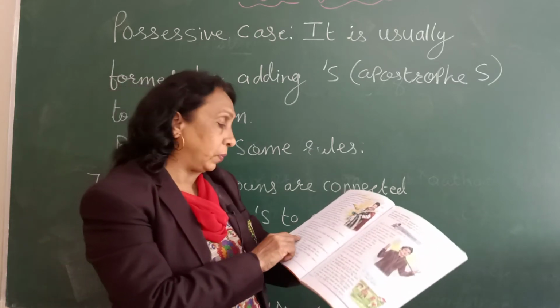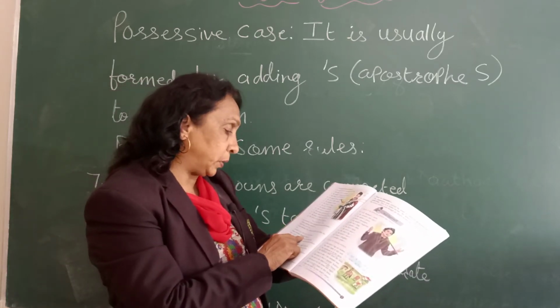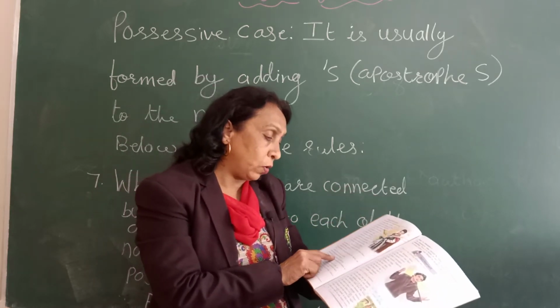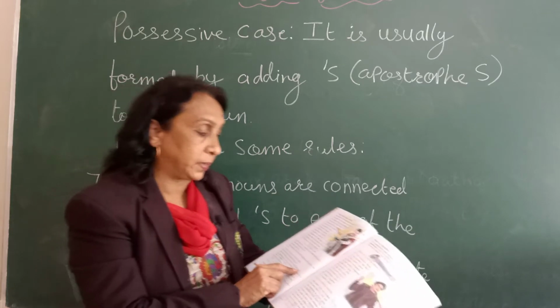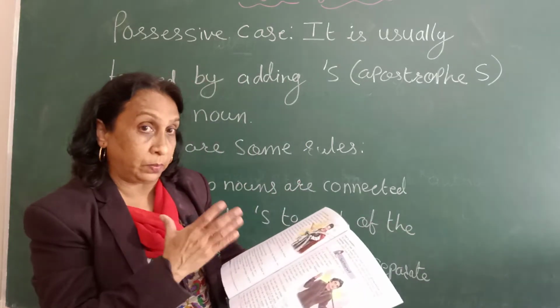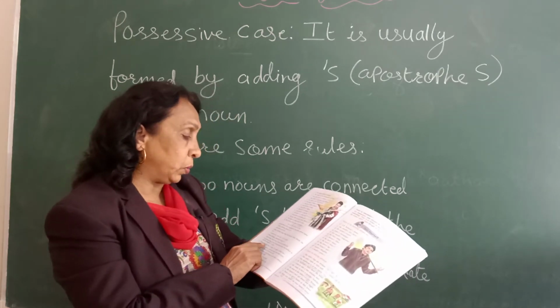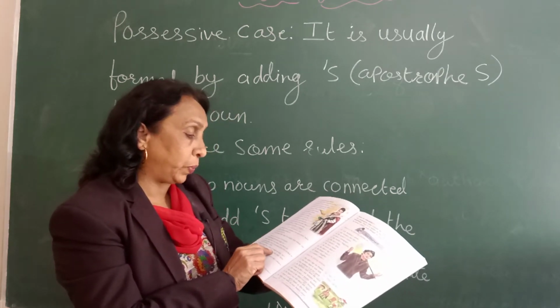Okay, now look at the third one. Nouns denoting personified things such as India's heroes, nature's law, fortune's smile, death's day. These are some examples. Now look at the fourth one. Nouns denoting time or space or weight or value.